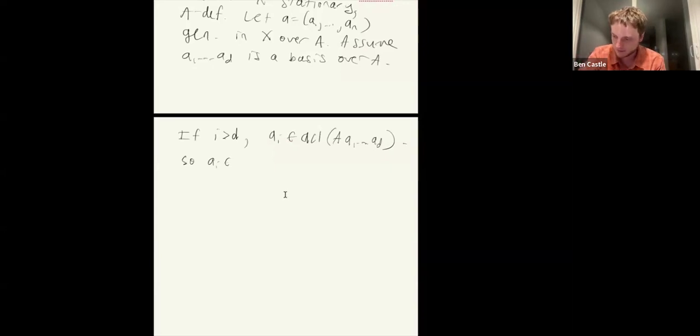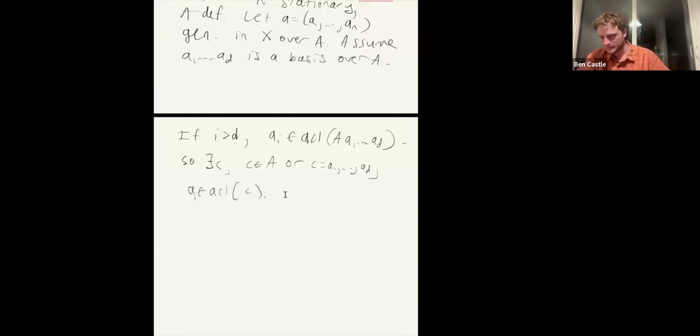So let's say there is some C where either C is in A or C is one of these basis elements, and AI is algebraic over C. So AI is algebraic over a single point, and that single point is either coming from A or it's one of the basis elements.